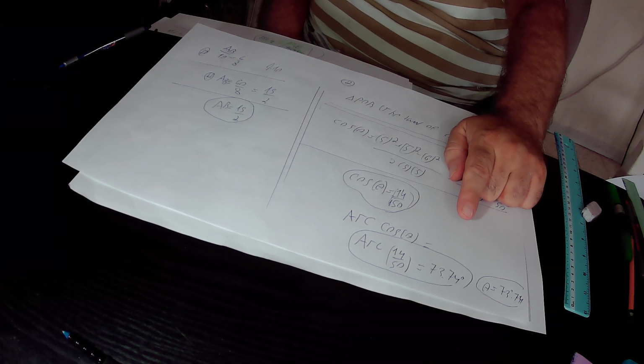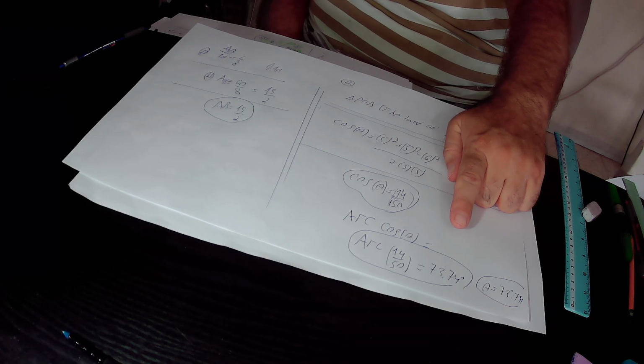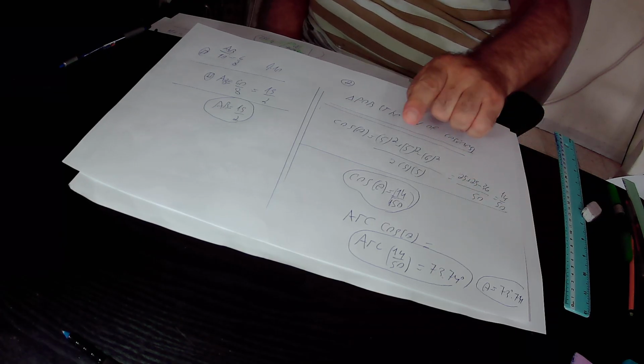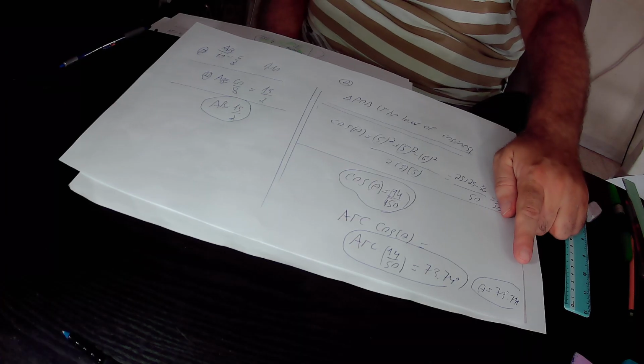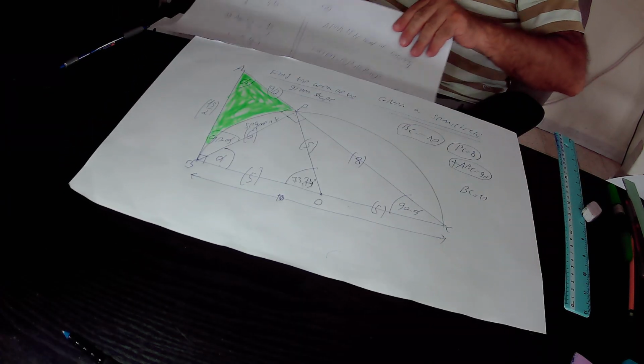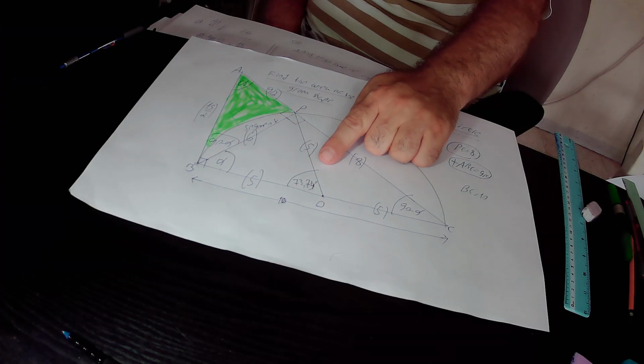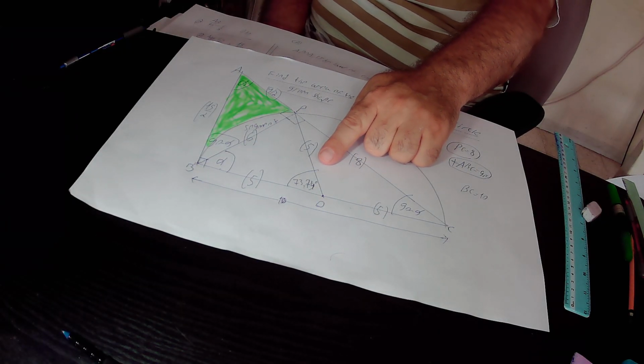The arc cosine of 14 over 50 is 73.74 degrees. So we found that angle theta equals 73.74 degrees in size.